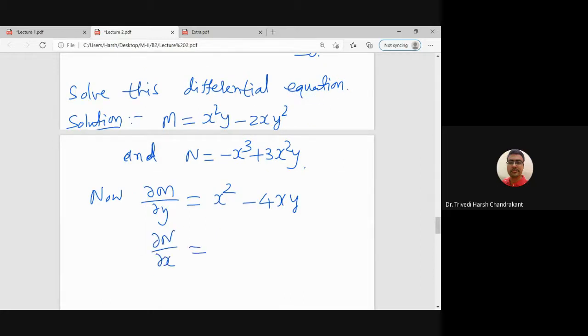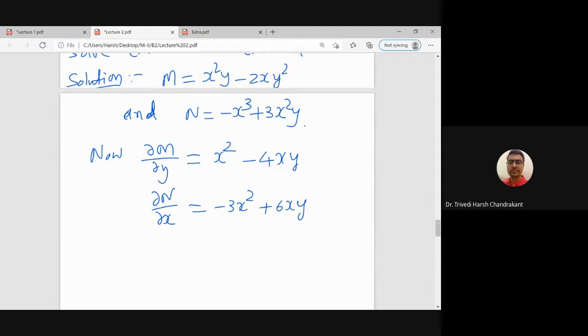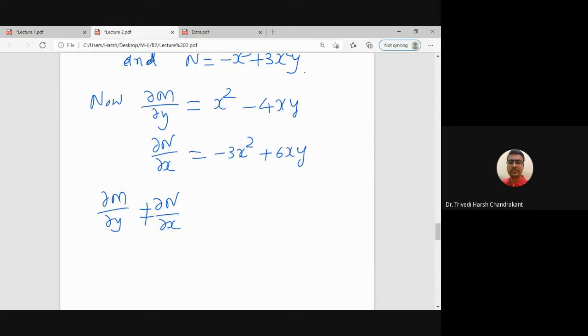Del n by del x is minus 3x square plus 6xy. The difference is del m by del y minus del n by del x. They are not the same, so that means it is not an exact differential equation. On the other hand, the difference is minus 3x square plus 6xy.